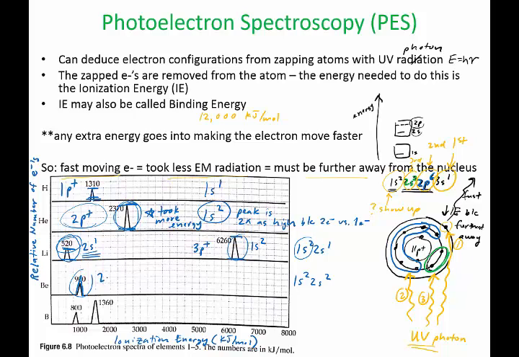So this should be the 2s2. So where is the 1s2? Where are these electrons? It's actually so far out here that this photon wasn't even able to remove it, so it didn't even show up. Okay, so the 1s2 is off the charts. That's how strongly it's held. And why is it even stronger than this one? Again, when you go left to right, it's protons. Because you have 4 protons, it doesn't even show up.